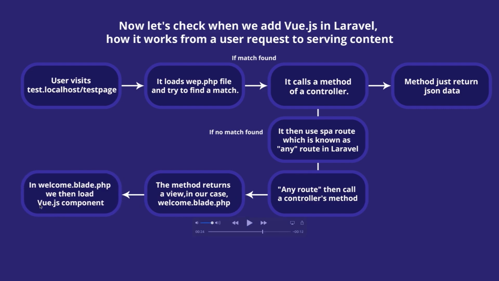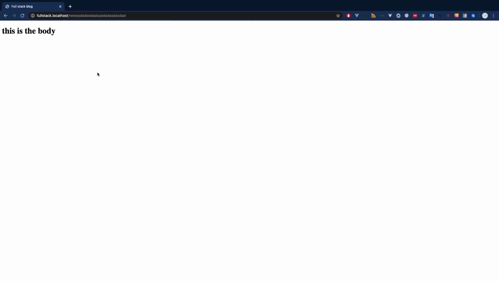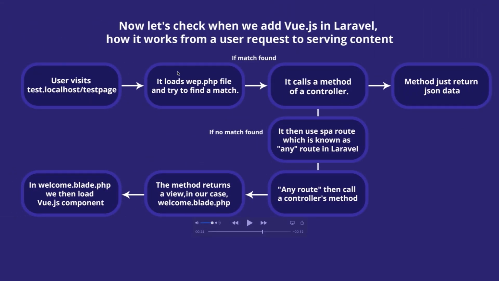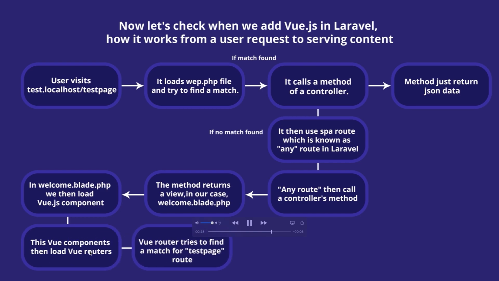This is one of the most important parts you have to understand, because now we have returned welcome.blade.php, and we have to load our Vue.js on that page to work for us. In the welcome.blade.php file, we then load the Vue.js component, and this Vue component then loads Vue router.